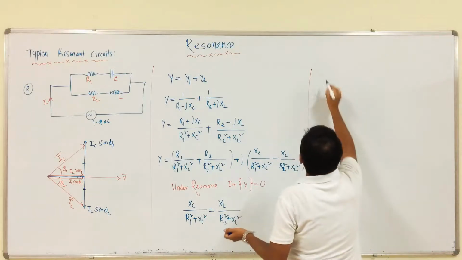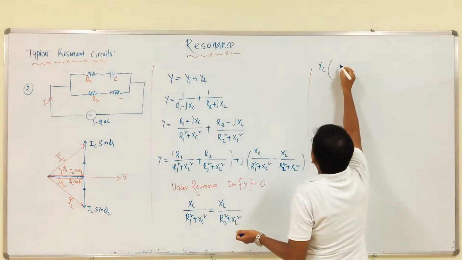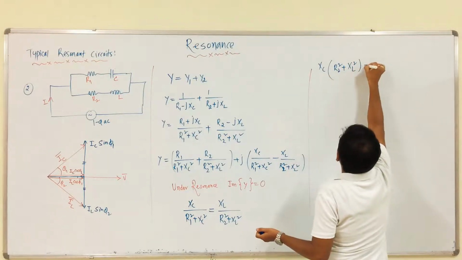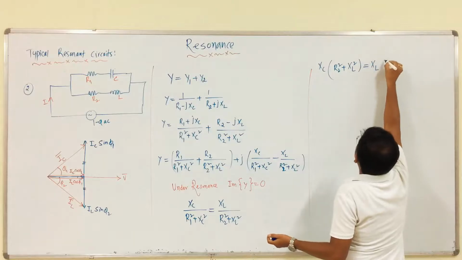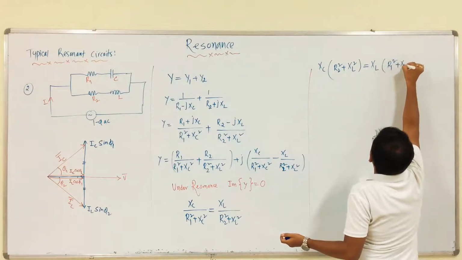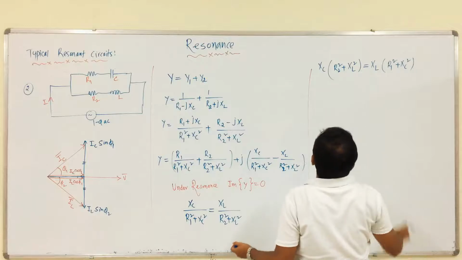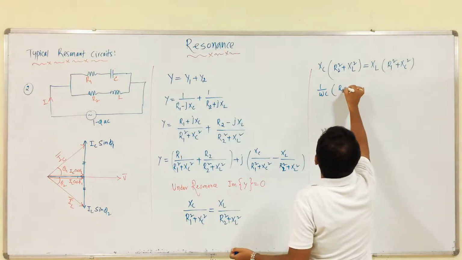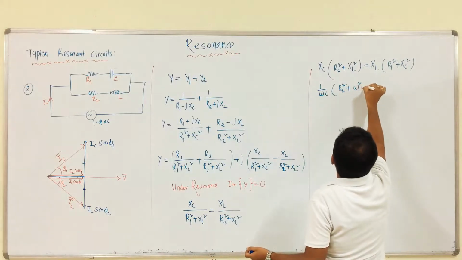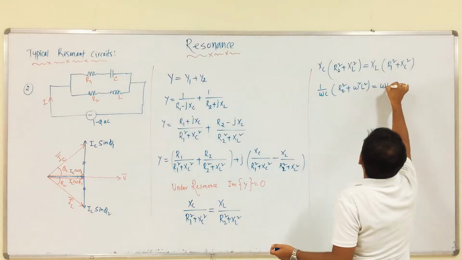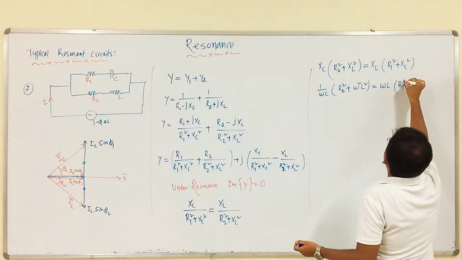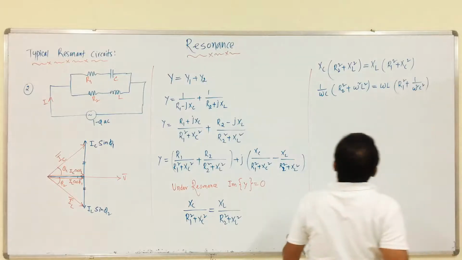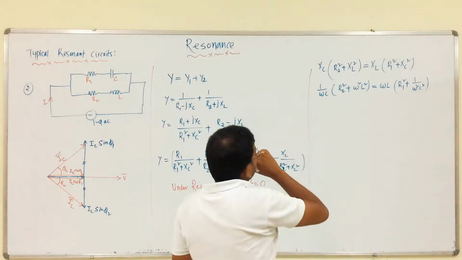So from this, Xc into (R2 square plus Xl square) is equal to Xl into (R1 square plus Xc whole square). So from this, 1 by omega C times (R2 square plus omega square L square) is equal to omega L times (R1 square plus 1 by omega square C square), right?